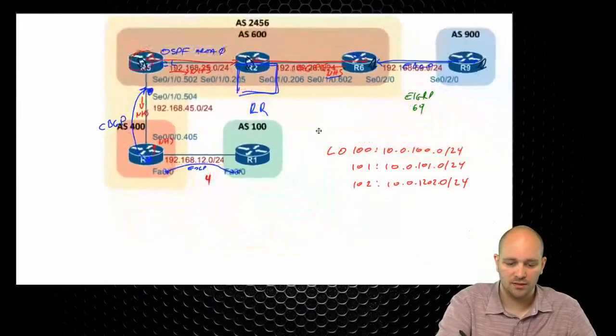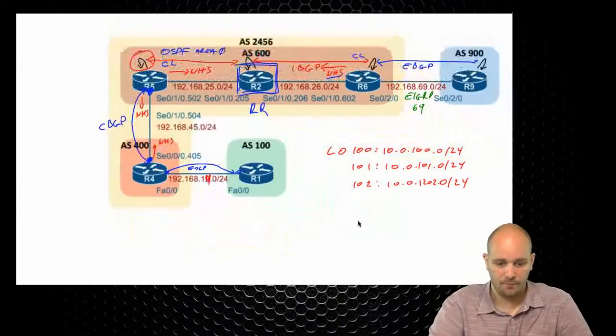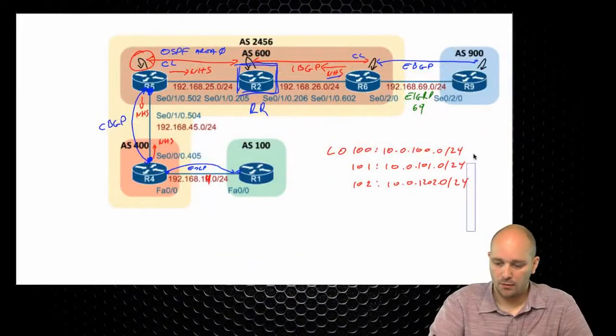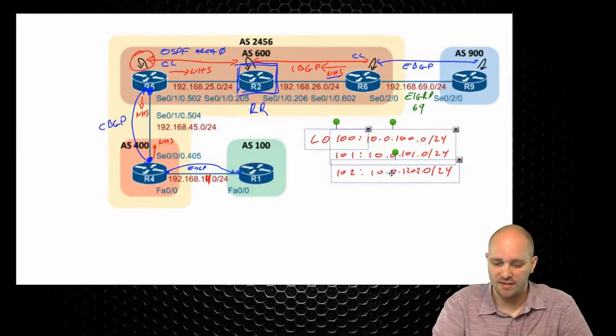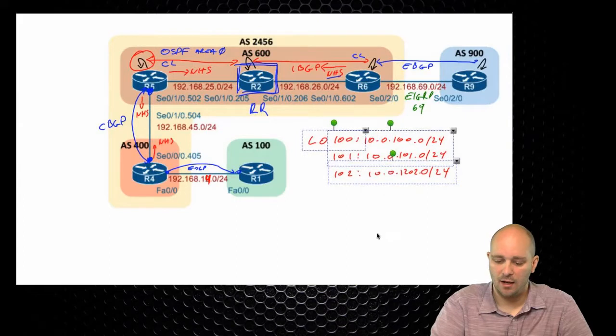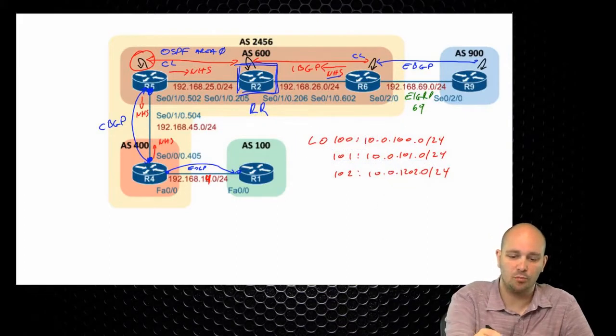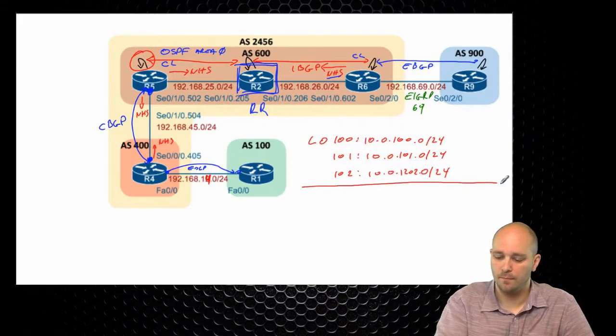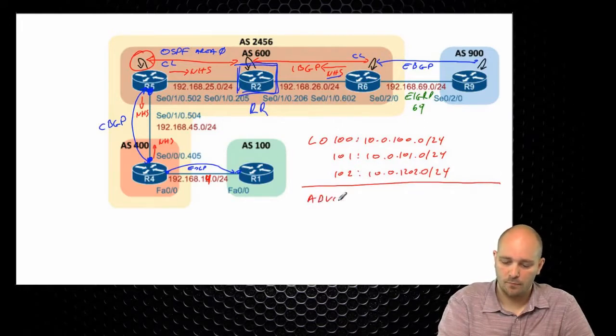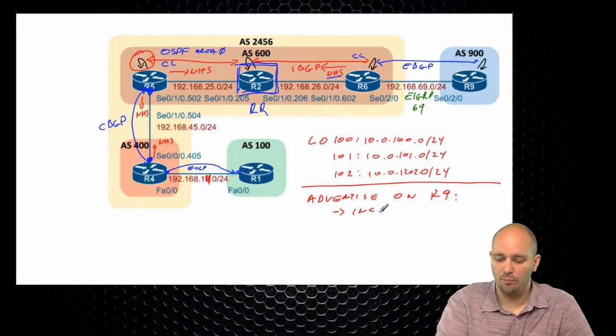Oops, that is not exactly what I wanted. I want to create these loopback interfaces here, and I want to advertise these loopbacks into BGP, making sure that they have incomplete origin on all routers.